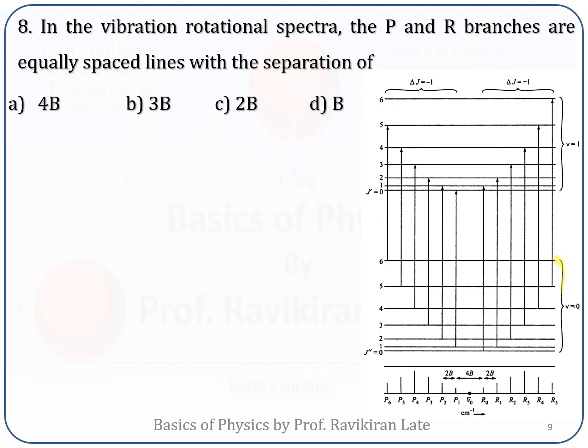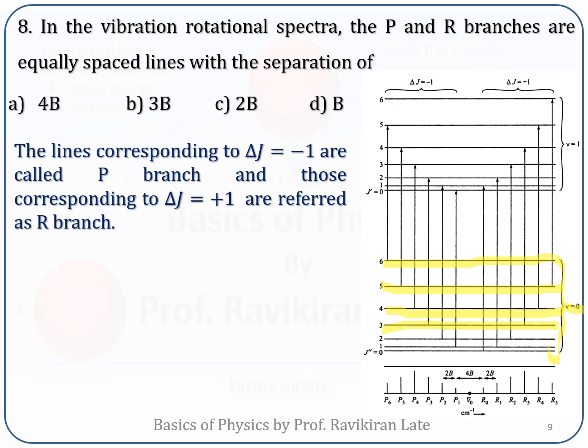For example, for the first vibrational level, corresponding to nu equal to 0, you have these different rotational levels over here. So you can have the transition in between. The transition rule for this one: delta J can have value -1 for the P branch and delta J can have +1 value for the R branch.